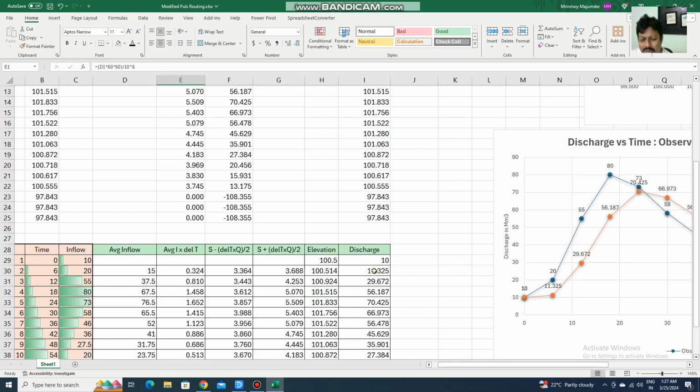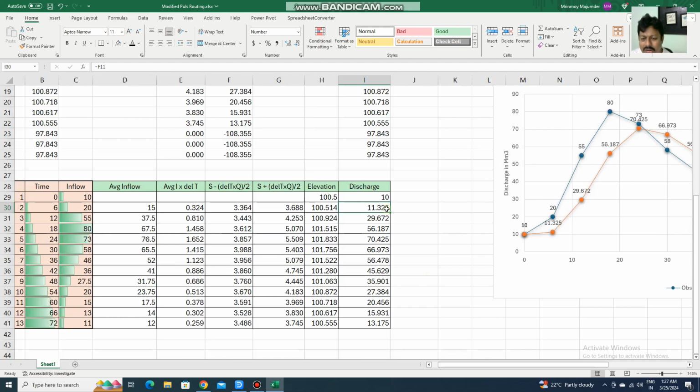So you subtract that product, Q del T. Q is the predicted discharge for the previous time step. Del T is the length of the time period, which is 6 hours converted to second. You deduct this product from the RHS of the previous step, and you will find the S minus del T into Q by 2 of the current step.